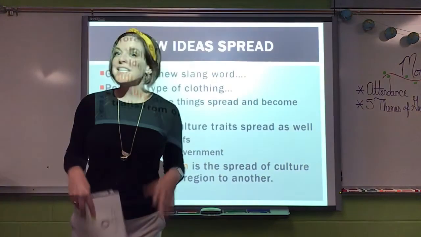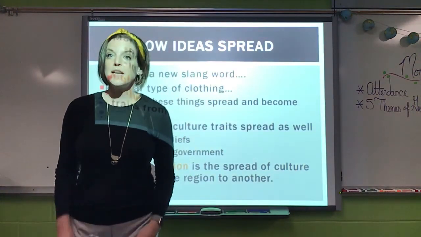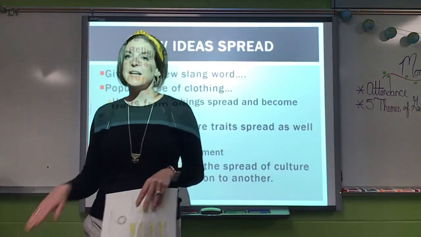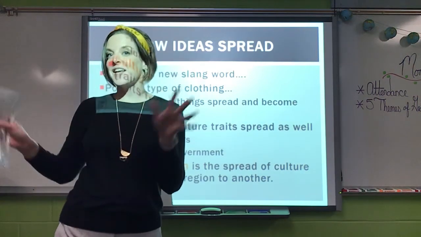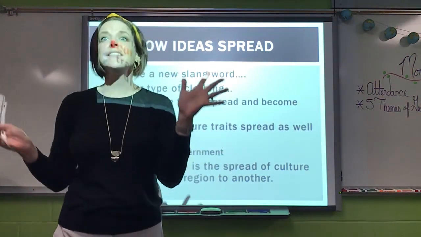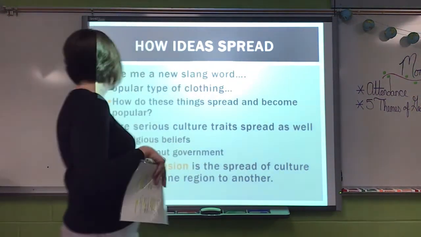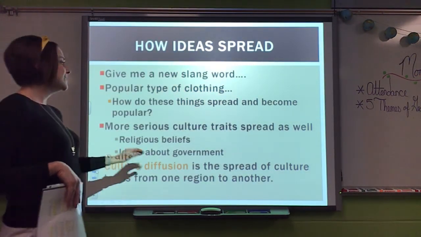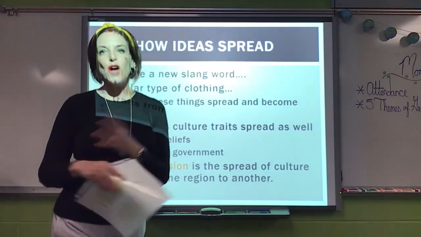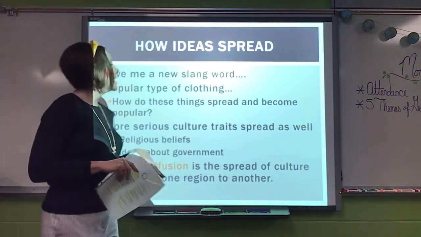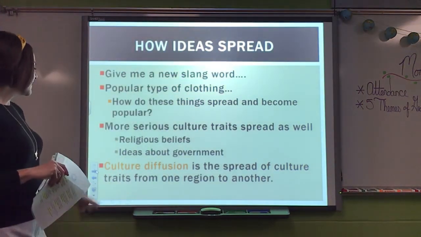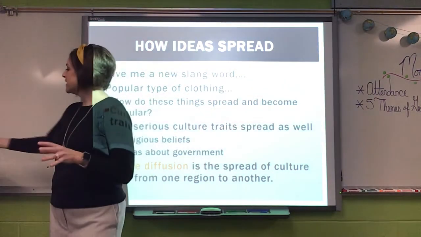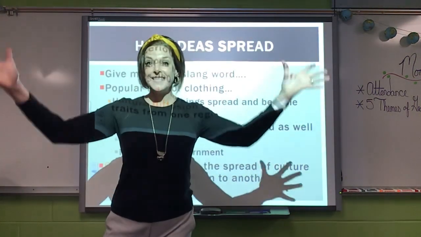Clothing, popular types of clothing. We're going to talk about how Italy and Milan is kind of the fashion center, and then how that spreads. And again, social media has totally helped with that. So religious beliefs as well, ideas about government, again, they all spread. But yeah, that's culture diffusion. So I always think of something when it diffuses, it goes out.